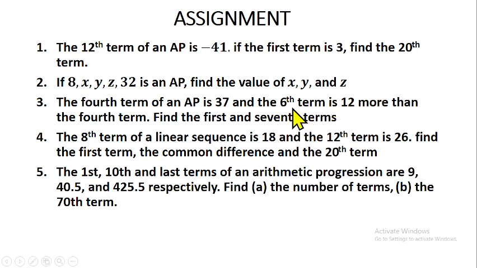The sixth term is 12 more than the fourth term, so if I remove the fourth term from the sixth term, the answer should be 12. If Bola is 12 years older than her sister, then if I remove the age of the sister from Bola's age, you give me 12. That's what it means as well. So you can use that to solve this question, and so on like that. So attempt this question, and let's see what you get.